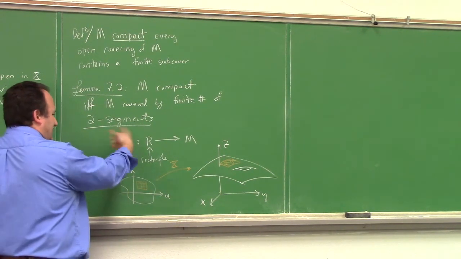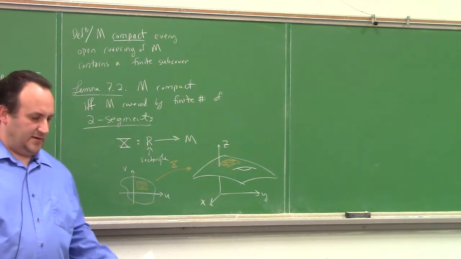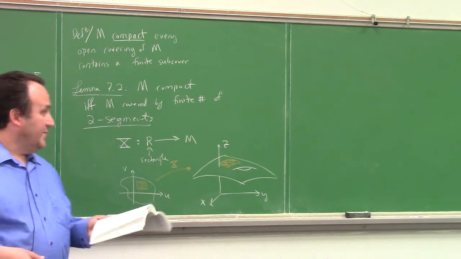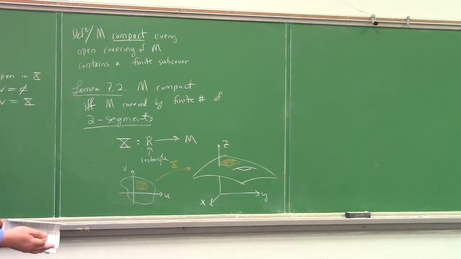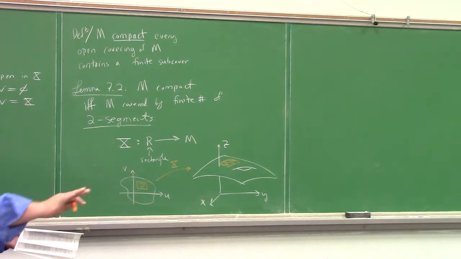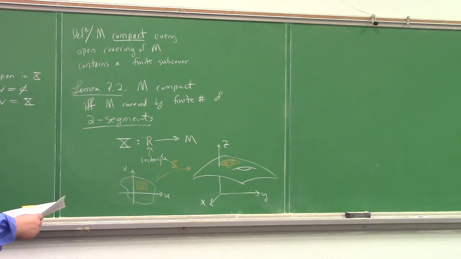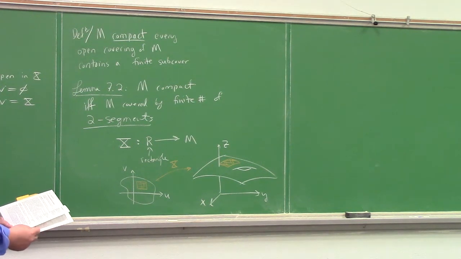He drops one of the conditions for the 2-segment map, so it's not quite as strong as a patch. But anyway, lemma 7.2 says M is compact if it can be covered by a finite number of these rectangles. Well, the images of rectangles, they're curved rectangles, right? So M is compact if and only if it can be covered by the images of a finite number of 2-segments on M. Proof is there. It's about a page long.